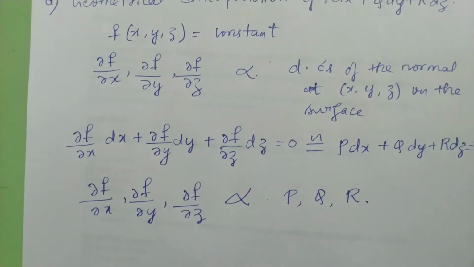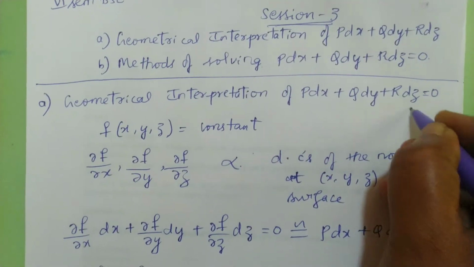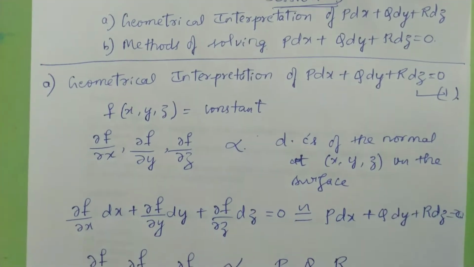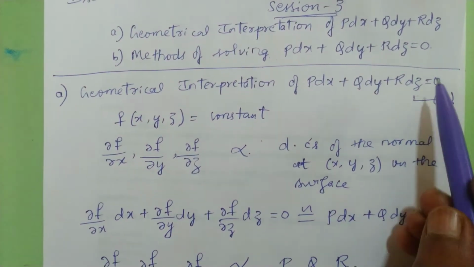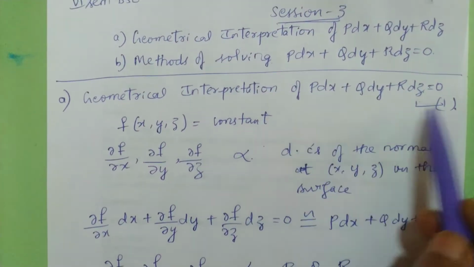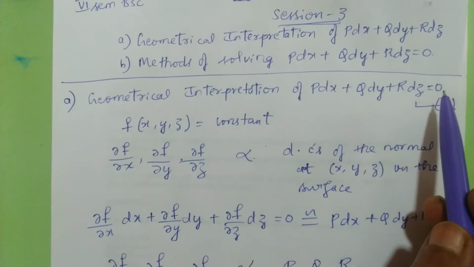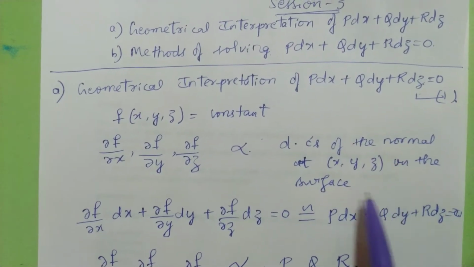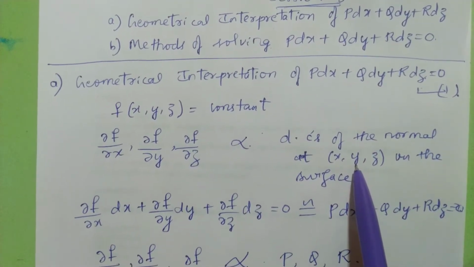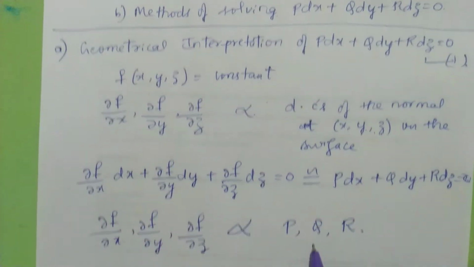So if I consider the geometrical interpretation of this equal to 0 as equation 1, then equation 1 represents an infinite system of surfaces, so that the direction cosines of the normals at any point x, y, z on a surface belonging to this system are also proportional to this.